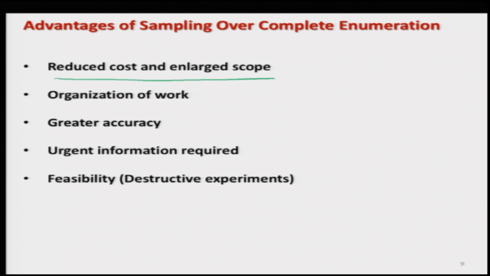When you are conducting a sample survey, the number of units on which you have to collect the data is much smaller than the population. And we all know that whenever we want to collect a sample, there is a cost involved.